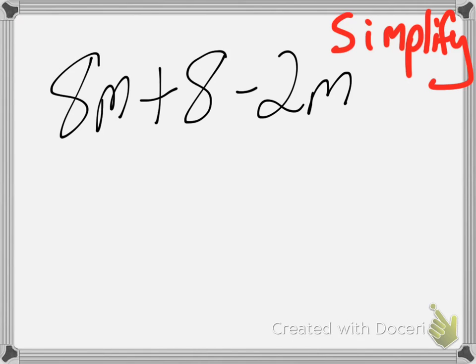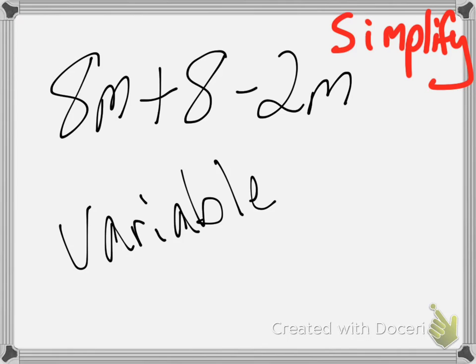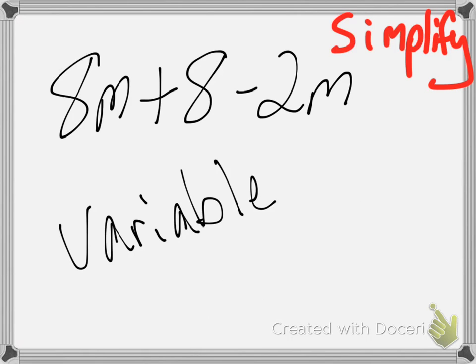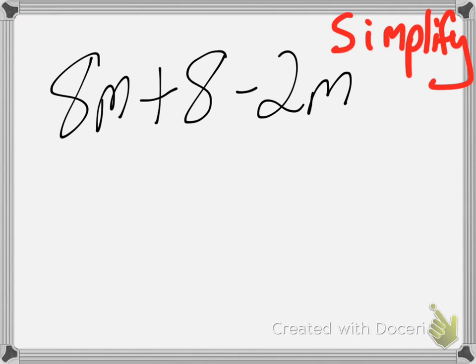What you're going to have to do here is identify all your like terms. And the two things that you have to have for them to be alike is the same variable and the same exponent. For the same variable, you're going to look for the same letter.